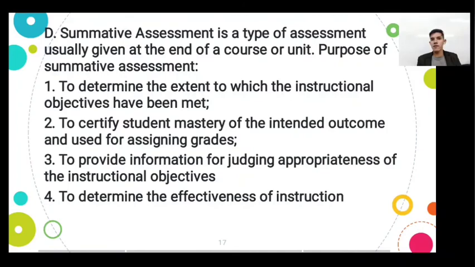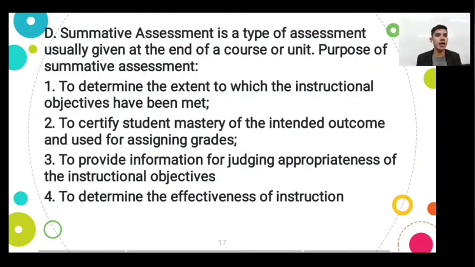And the purpose of assessment is that, pag sinabi pong summative assessment, sinabi ko na kanina na nangyayari to sa dulo. Okay, at the end of the discussion or at the end of the lesson. Kada chapter, example is the chapter test, long quiz, examinations, first quarter exam, second quarter, prelim, midterm, finals. That is an example of summative assessment.